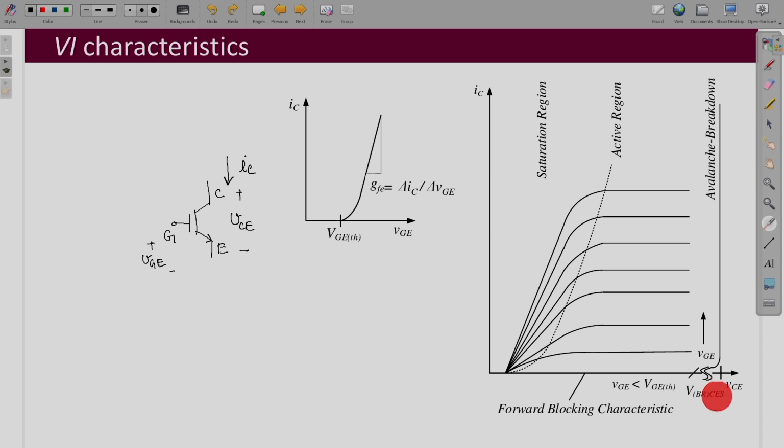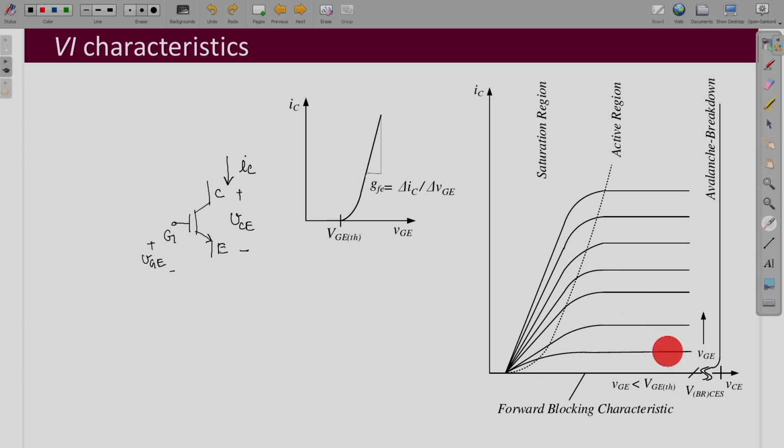So, that is your breakdown voltage. Collector emitter can block voltage which is positive with respect to the emitter. So, it is in the cutoff state or the forward blocking characteristics, you can say that. And then if that voltage becomes greater than the breakdown voltage, then of course breakdown is going to happen.